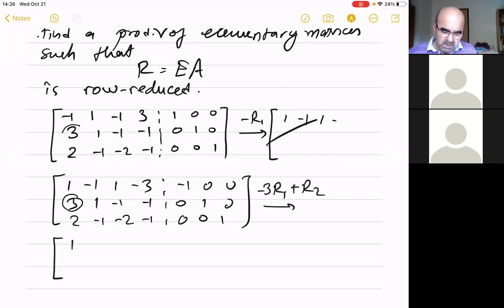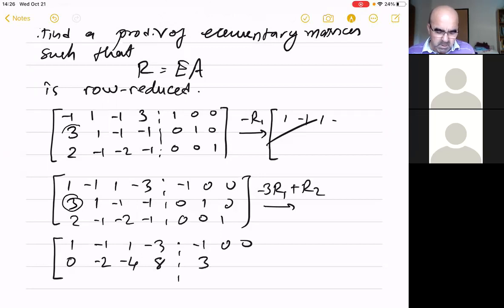The first row stays the same, the last row stays the same, and that middle row you multiply by minus 3 and add: 0, minus 3 plus 1 is 2, minus 3 minus 1 is minus 4, minus 3 plus 9, and so on.